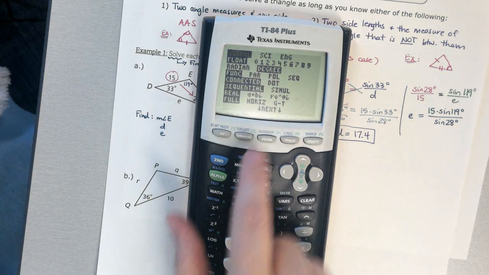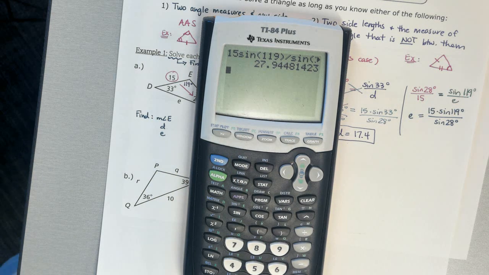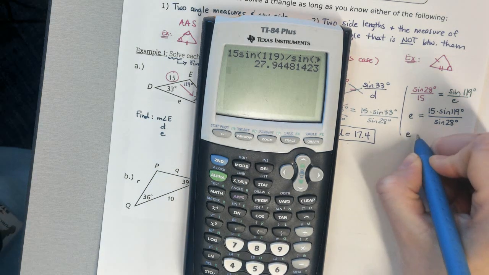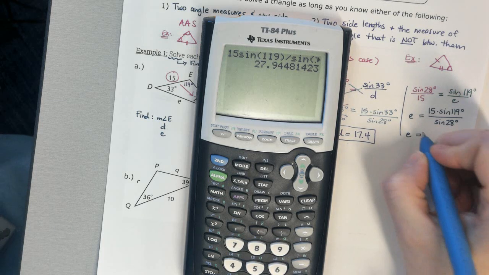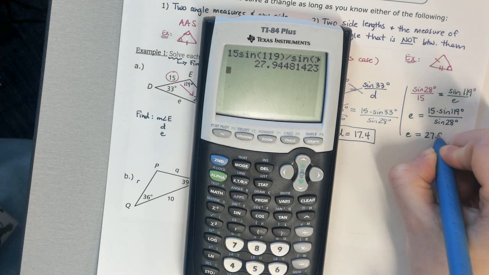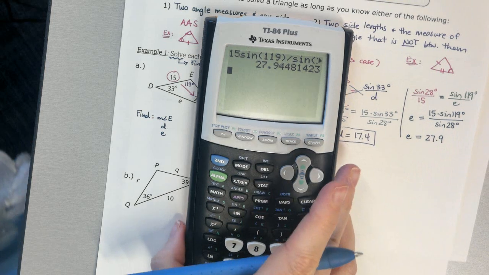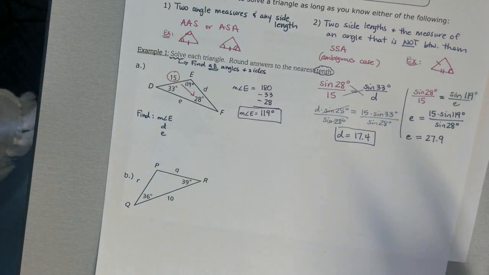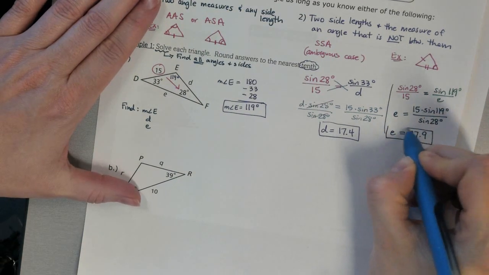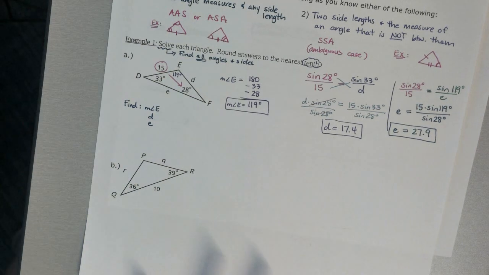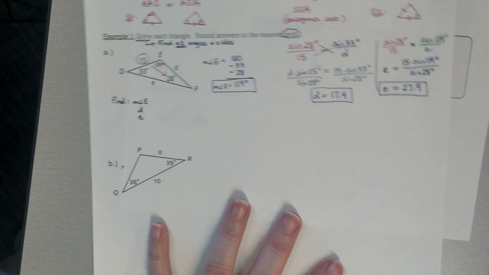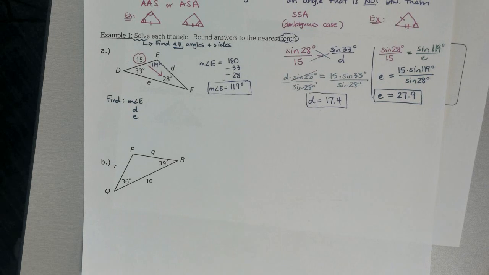So mode, you should have degree selected. And then this is 27.9 for E. Okay, and then go ahead and start part B.